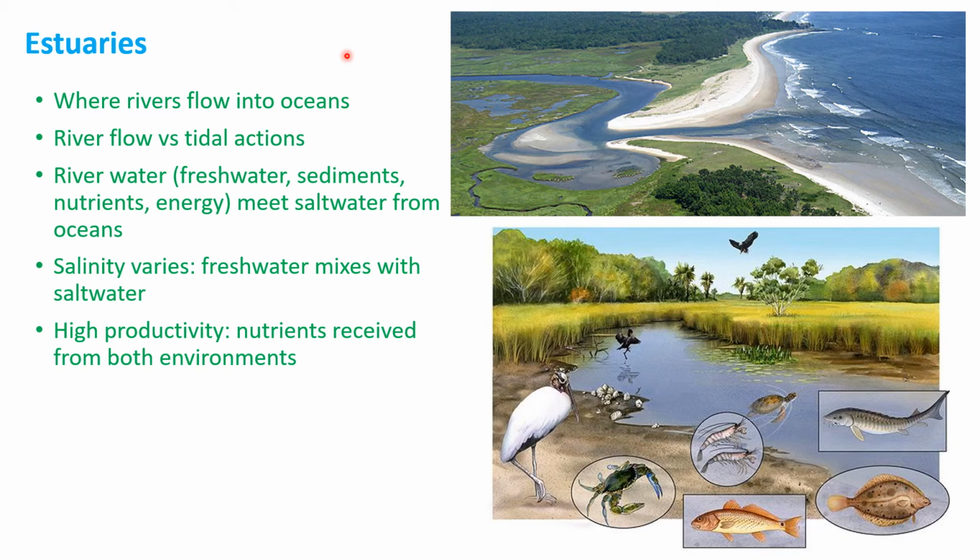Therefore, the productivity is extremely high. There's an ample amount of nourishment and energy available for a variety of organisms to occupy those habitats. Therefore, estuaries in general, no matter where they are found, could be extremely productive.